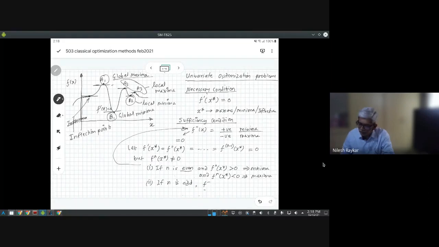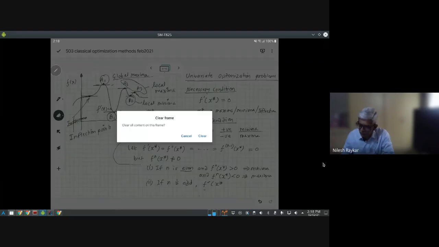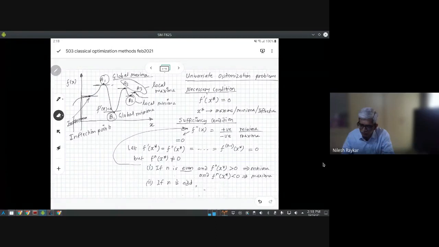And if n is odd, then the point x star is an inflection point.